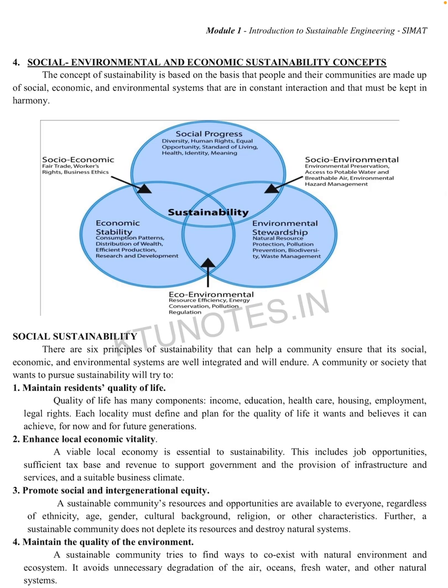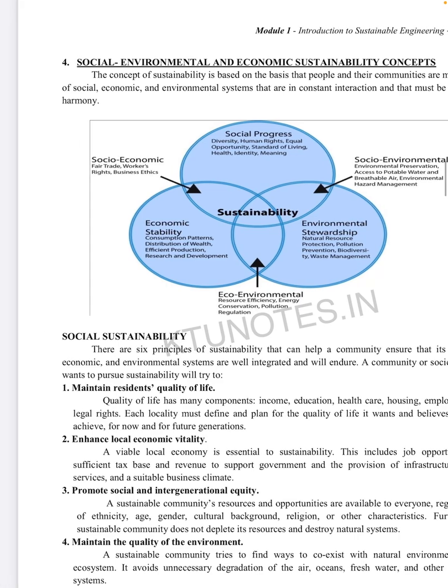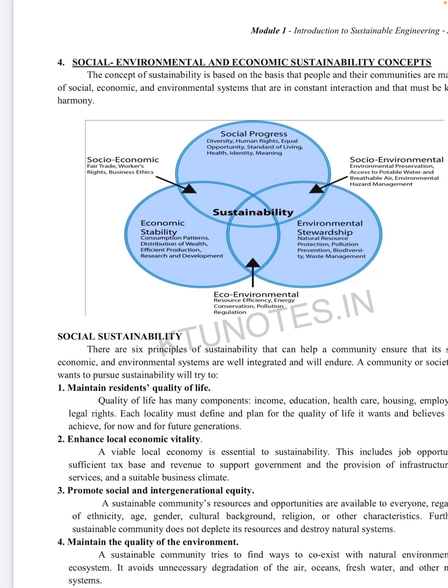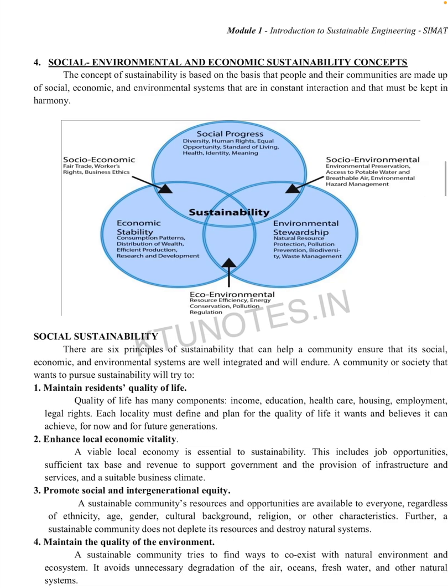In between these, there are common connections between two sustainabilities. Social and economic sustainability have a common point, socio-economic sustainability, under which come fair trade, workers' rights, and business ethics.